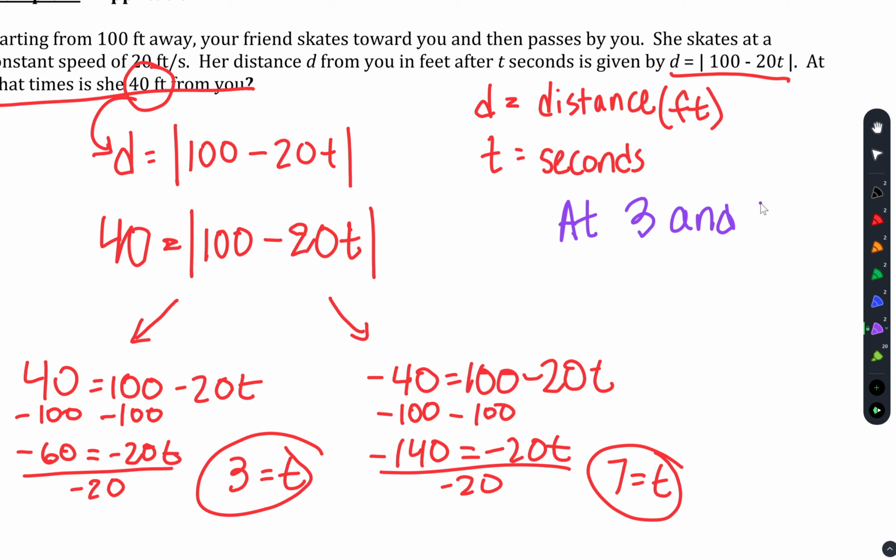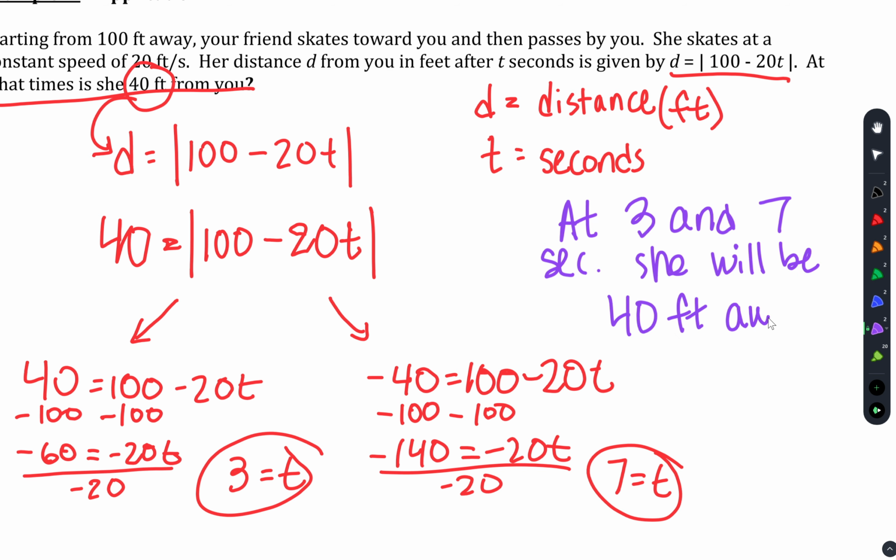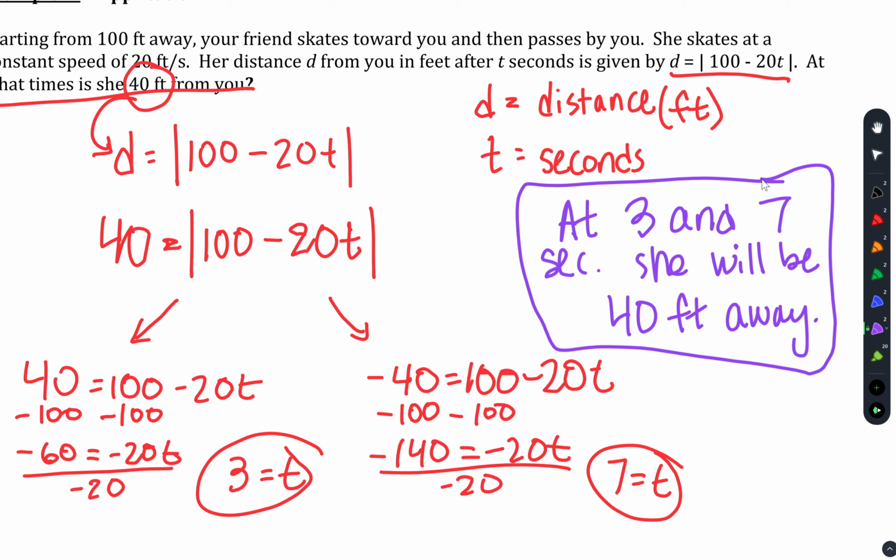Perfect. At 3 and 7 seconds, she will be exactly 40 feet away from you. So at 2.99 seconds, she's not 40 feet away from you. At 7.01 seconds, she's not 40 feet away from you. But exactly at 3 and exactly at 7, she is 40 feet away. Any questions on that?